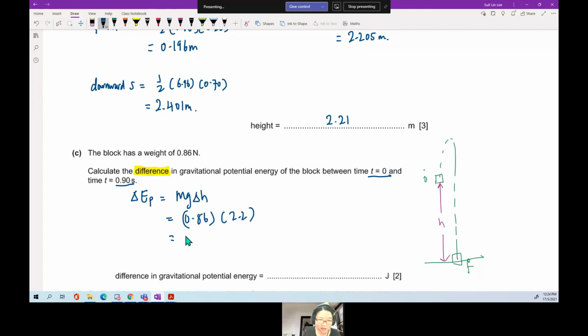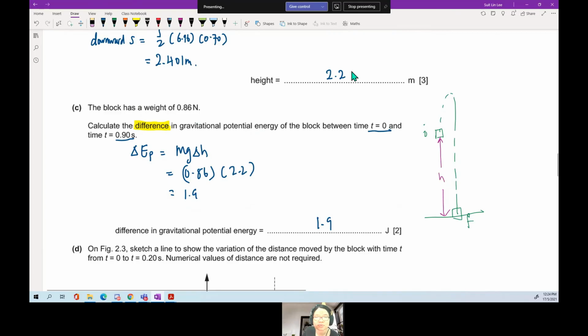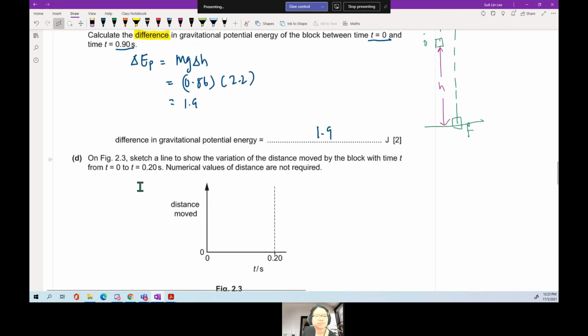And then this is 1.9 joule. If not, there is 1.9006, 1.899 is the same. Doesn't matter. Okay. I'm going to stick to 2SF to normalize the 2SF in the physics paper.